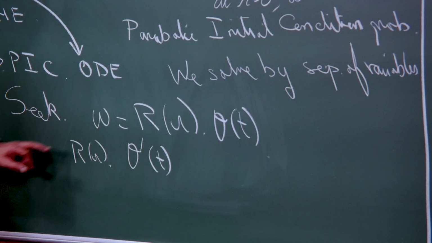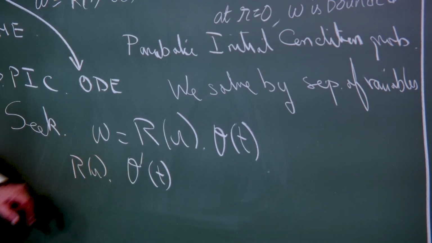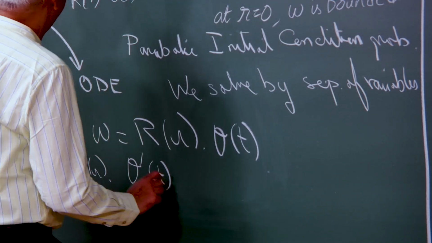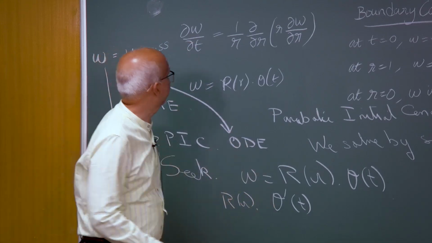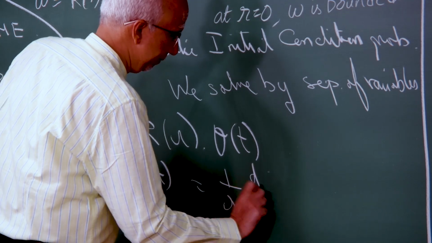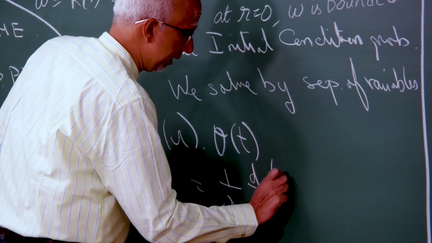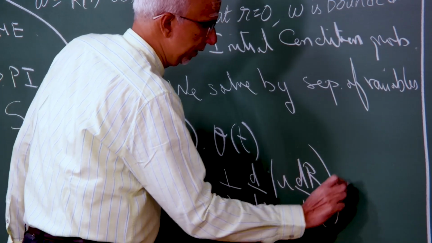This theta dash is the derivative with respect to time, because this is partial with respect to time. Then I get 1 by r d by dr of r dR by dr times theta.